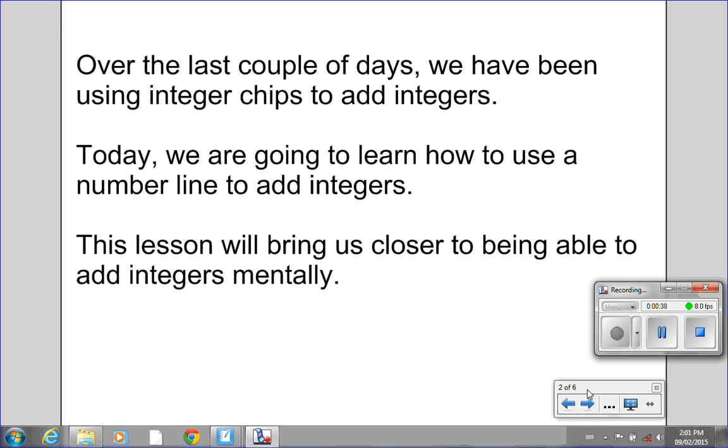It's more towards grade 8 and grade 9 where you'll be expected to add integers in your mind without relying on integer chips. You can still use an integer line, but the work is going to pick up. So you're going to need to be really good at solving integer addition problems in your head.